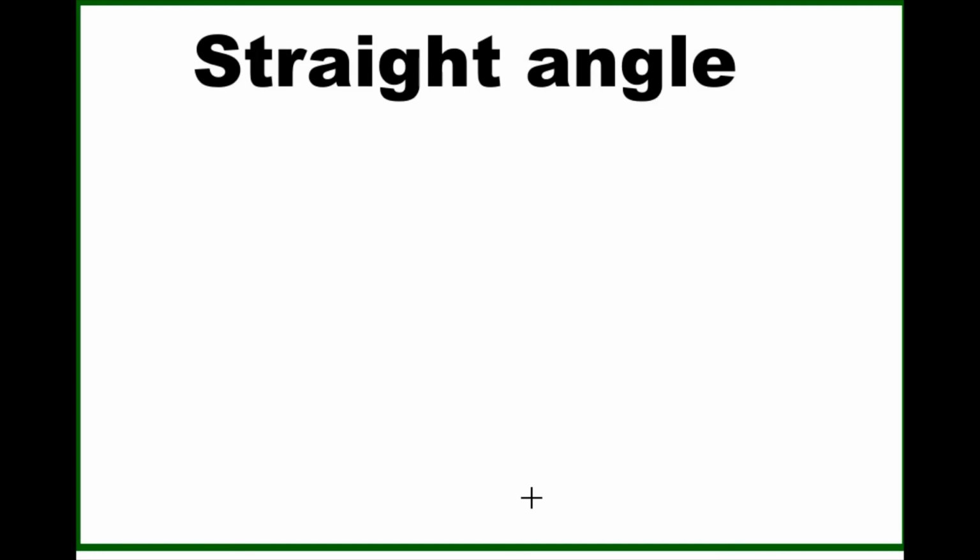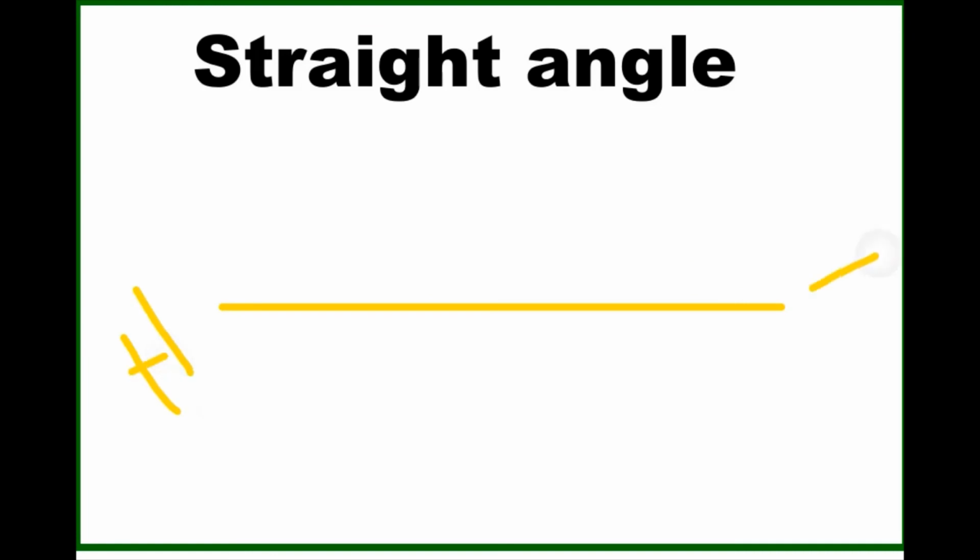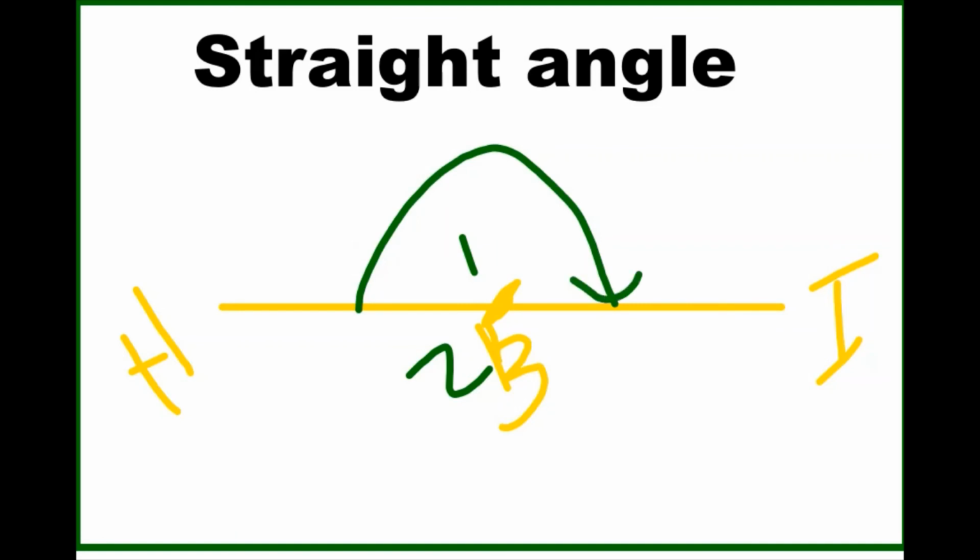And so we get a straight angle. You only get a straight angle when you have a straight line. So in this case, let's say we have line HI and a point, let's say B, and there's B1 and B2. We can say that angle B1 is 180 degrees because that's what a straight angle is. It doesn't add up, it's just 180.